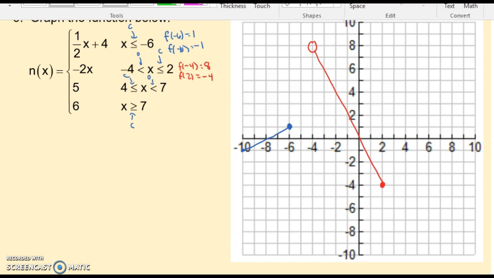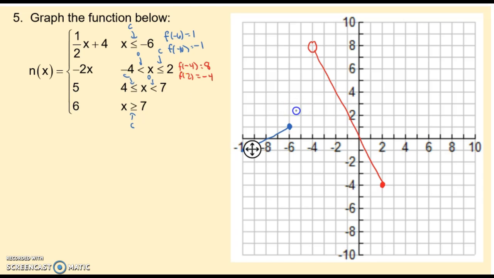And I love the third and fourth piece because they look really complicated, but they're so awesome to graph. So what I'm looking at here is from 4 to 7, I'm going to have a value of 5. In other words, it's a constant value. It's always going to equal 5. So if I were to find, and I'm writing f, but I should be writing n of 4, we know it's going to equal 5 because it says it's 5.